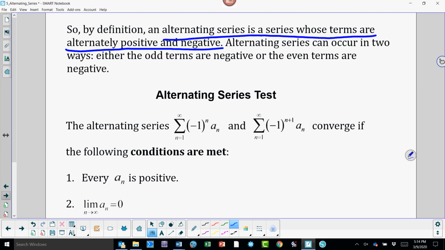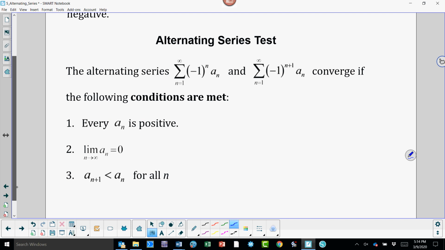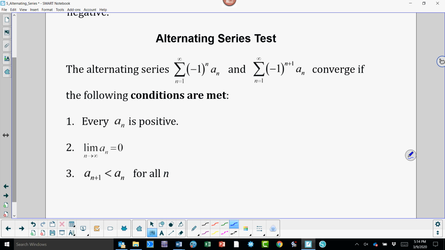It doesn't matter if I start positive or start negative, they just have to go back and forth, positive, negative, positive, negative. So here's what's awesome about it. It's much easier for an alternating series to converge. The harmonic series diverges, but the alternating harmonic series, which is the one we just looked at, actually converges.